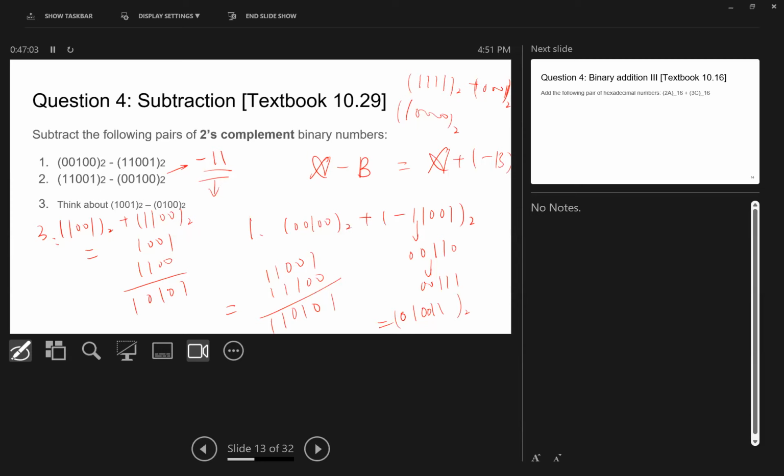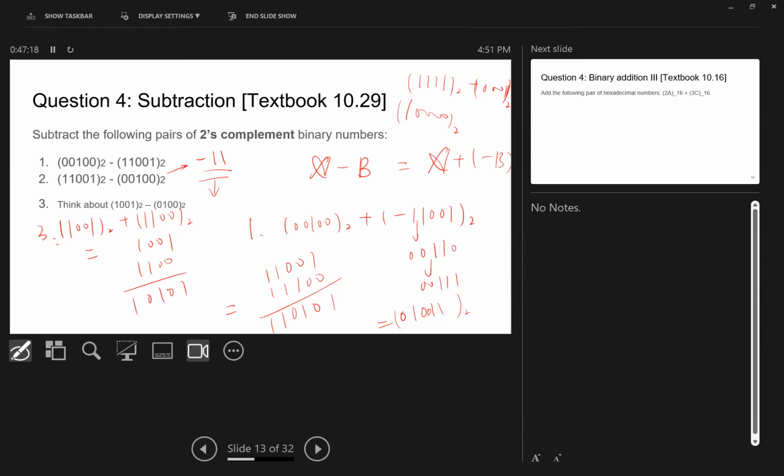For this case, for sub-question 2, if we discuss this overflow bit, the result we get is still a negative number, right? And if we just remind this overflow bit, the result is still a negative number. But in this case, if we discuss this overflow bit, we will get a positive number, right?